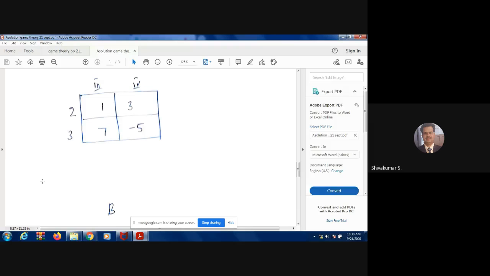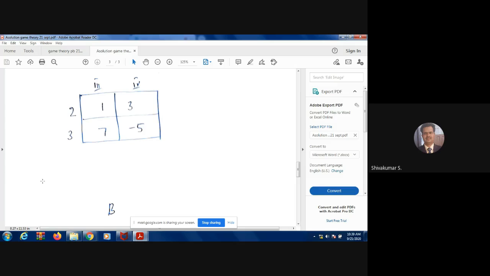Remember, till now you have used the rule of dominance to reduce the matrix into 2 by 2 by eliminating the minimum values in a row and the maximum values in a column. That's it. You only reduced the matrix into 2 by 2. Till now, you have not got a solution. Solution means you have to find the strategy for player A, the strategy for player B and the value of the game.